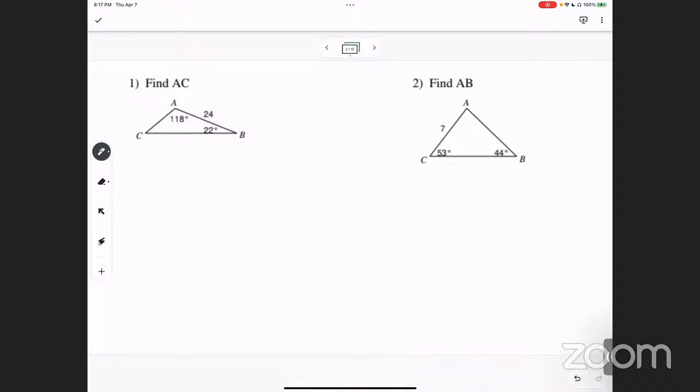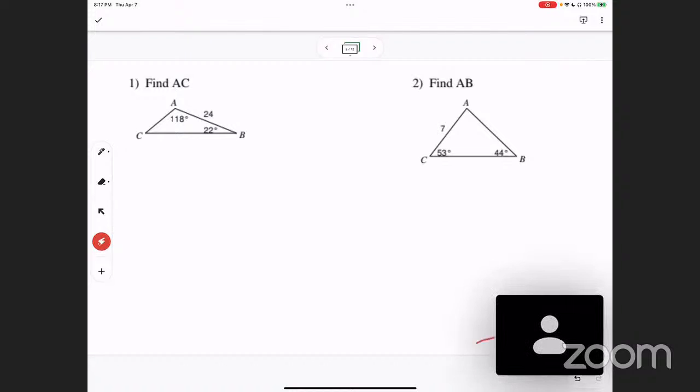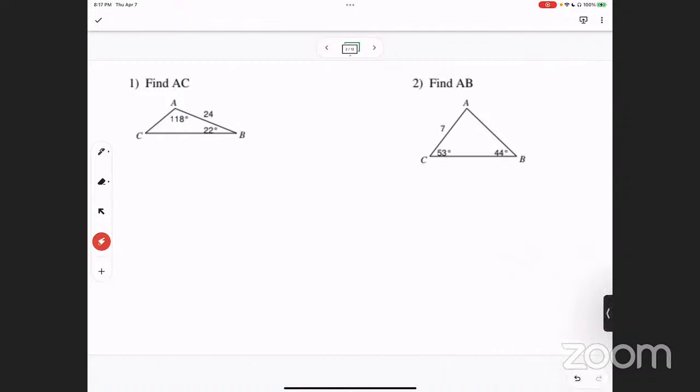For the first one, what can I use? That's angle, side. Would you use the law of sines? Well, actually, you could use the law of sines, but what do you have to find first? You have to find another angle. That's right. And is that hard to do? It is not. How do I find this angle if I have two?